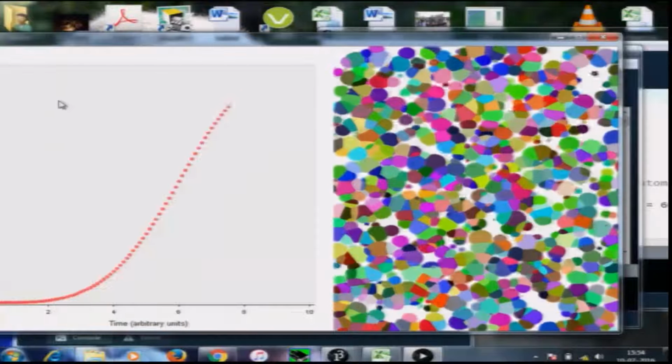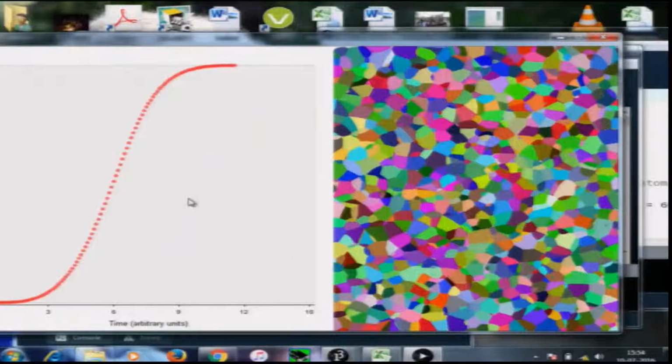What it is showing, if you look at the structure on the right hand side, is nuclei forming and then growing, and on the left hand side we see a curve where the y-axis shows the fraction transformed, and the scale goes from 0 to 1, and on the x-axis is time in arbitrary units.